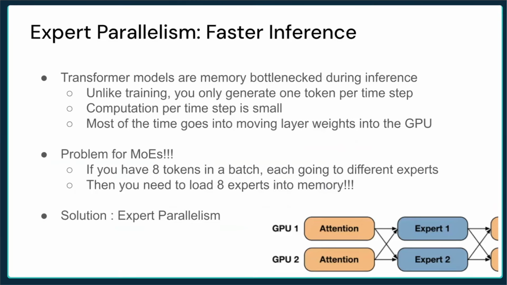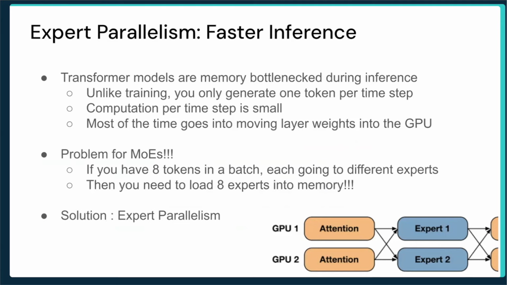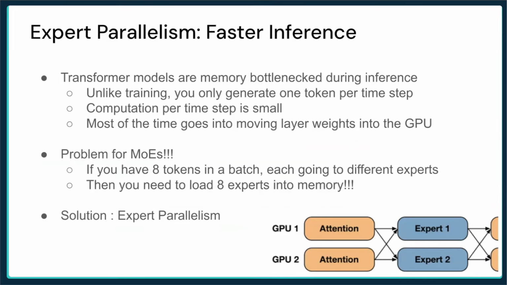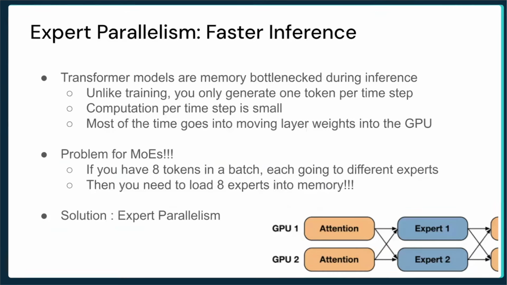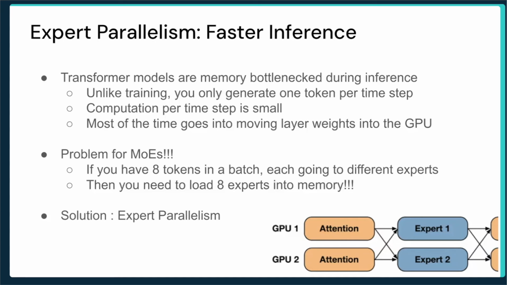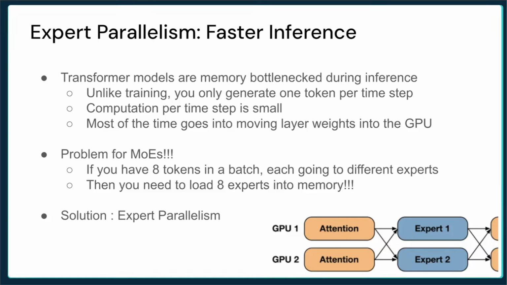It does solve some of the problems, but if you compare with the dense models, when you have 8 tokens in a batch, your MOE models still will have all the 132 billion parameters in the activated status. And compared to a dense model, for example, the Llama 3 70B, the total activated parameters are much larger, but the overall performance might not be as good as a smaller dense model.